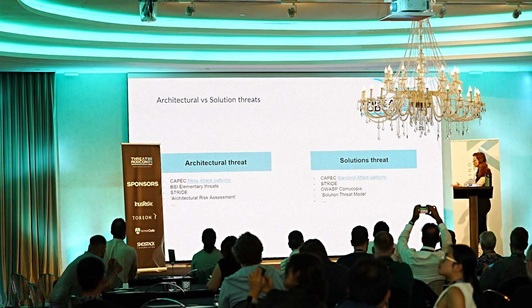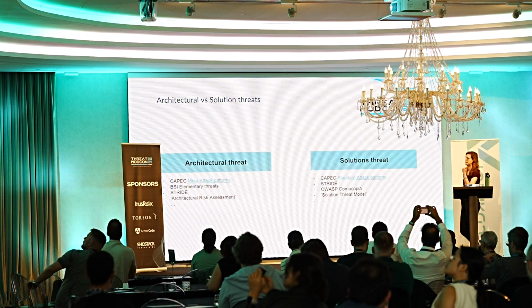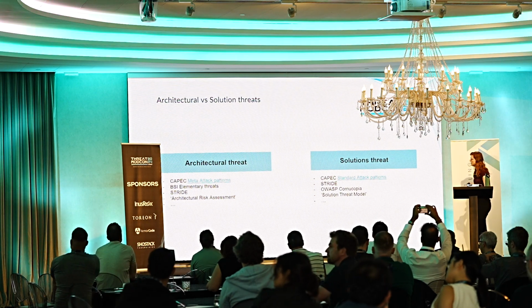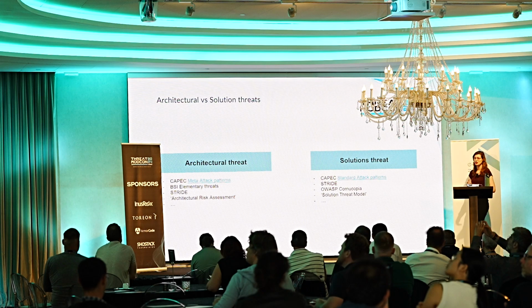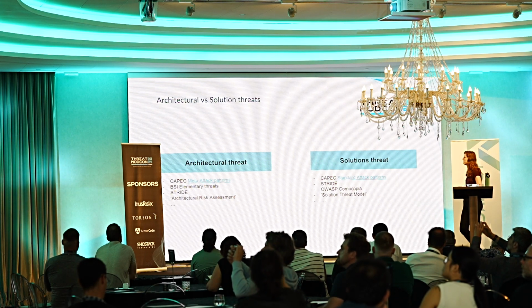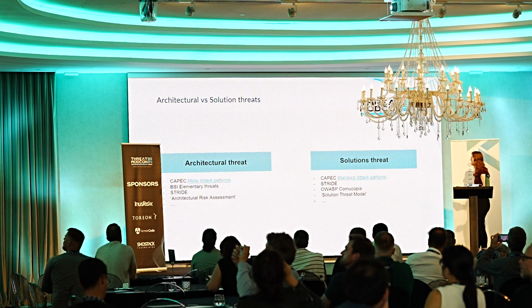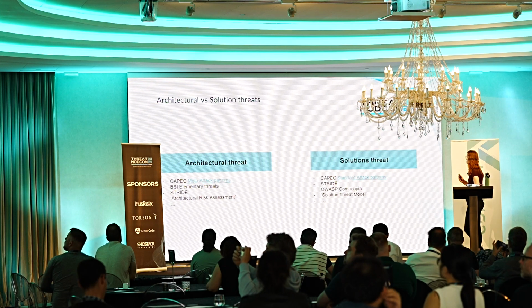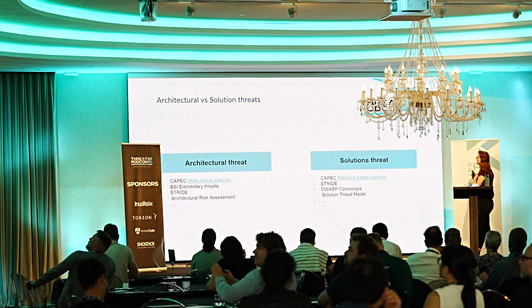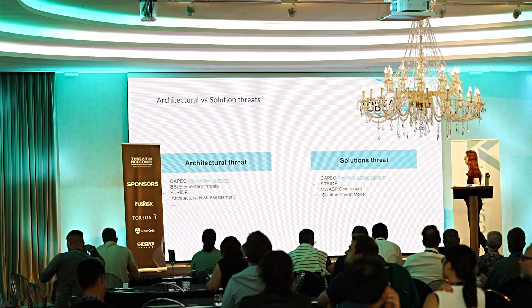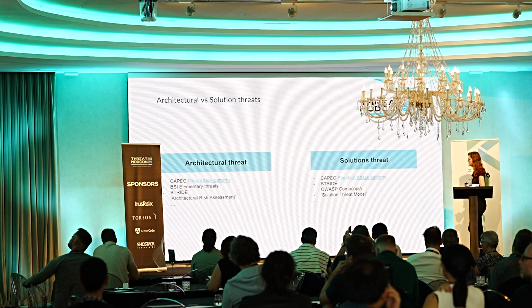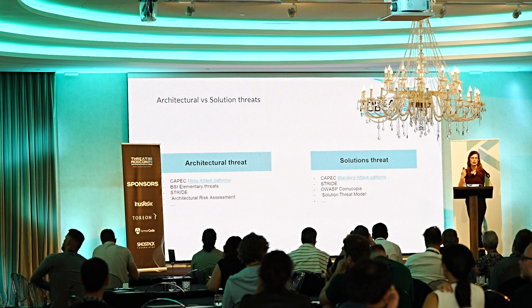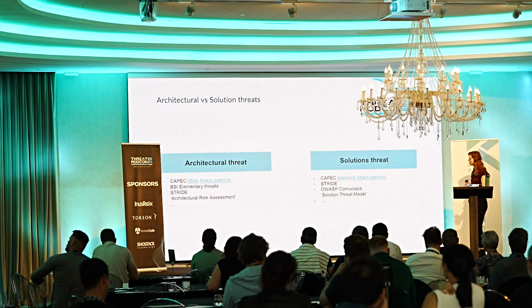Architectural threats are more abstract, more conceptual, and tend to occur more at that architectural layer. And we can use something like KPEC meta attack patterns or other kinds of threat catalogs such as BSI elementary threats. The solutions threats can use standard attack patterns, or we can use a lot of OWASP threat catalogs at that solutions layer, a lot of the knowledge that we've already built as an industry.